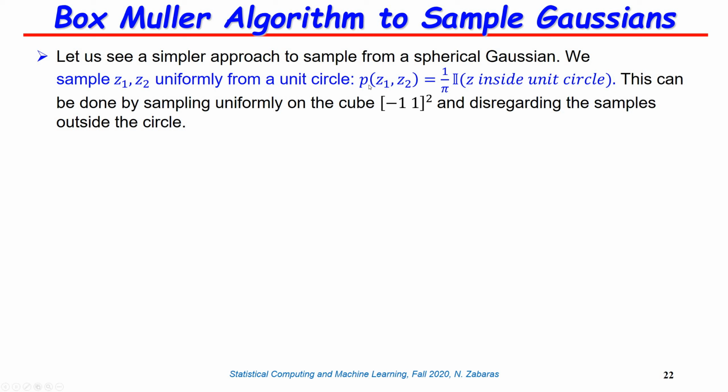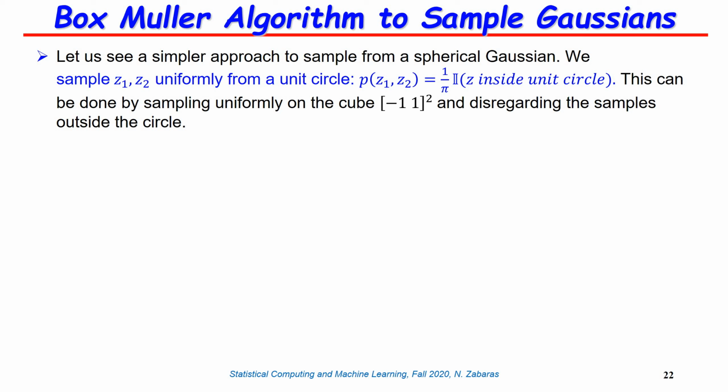So what I have here is the probability of Z1 and Z2 being the indicator function that Z is inside the unit circle divided by pi. Okay? So effectively what you need to simulate this is to sample uniform random variables in the x and y directions, if you like.